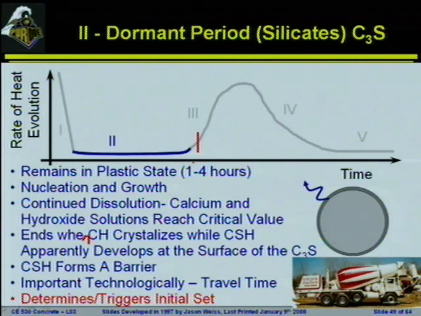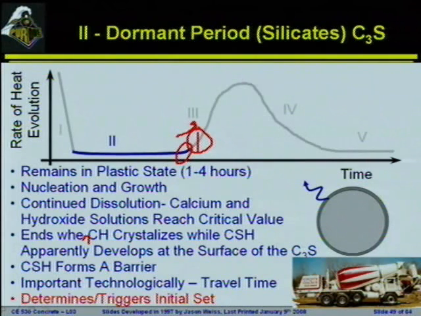Once we start to see calcium hydroxide precipitating out of the system, that's typically a signal that we're at the end of phase 2, the end of the dormant period. This is going to trigger the rapid reaction that takes place right before the concrete begins to set, right before it starts to set up.